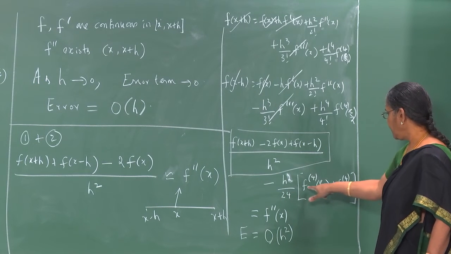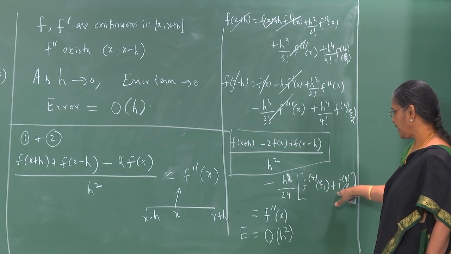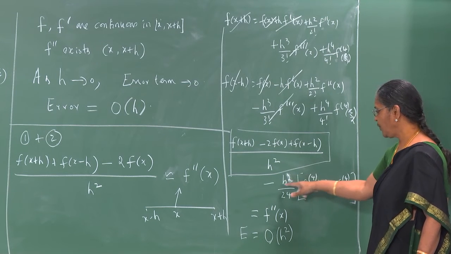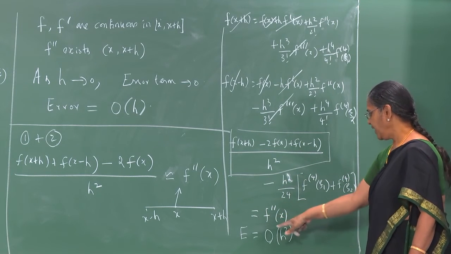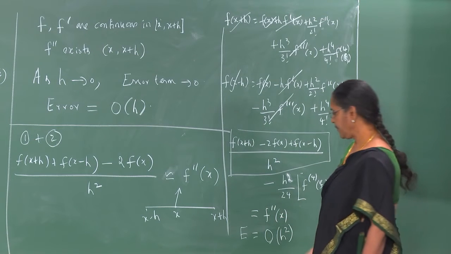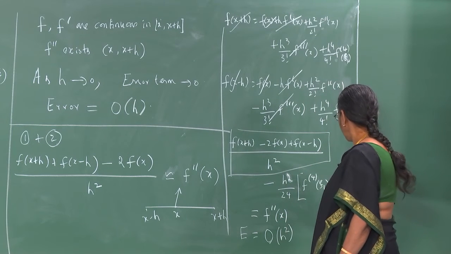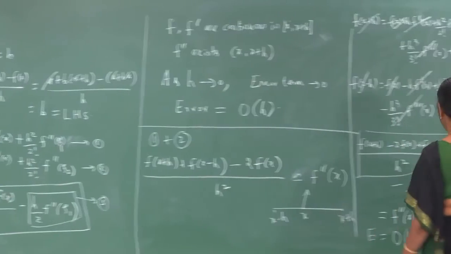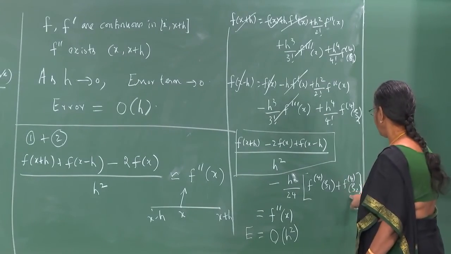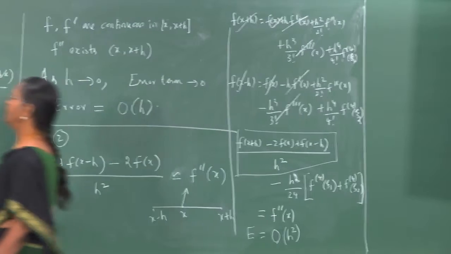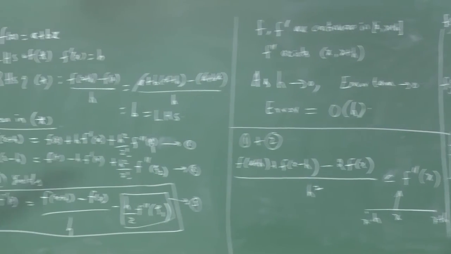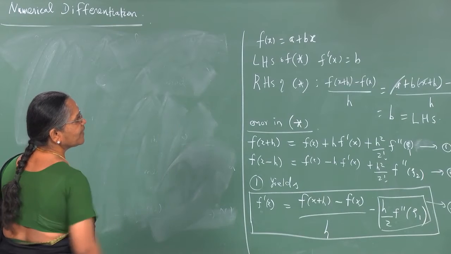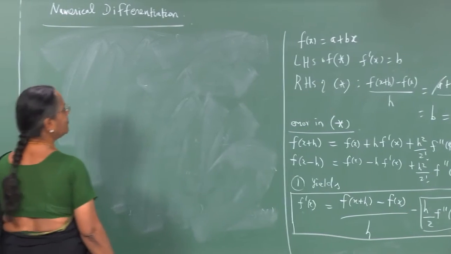Namely, it involves the fourth derivative, and the factor which involves h square tells you that the error is of order of h square. So, let us try to see how we can present this error term. It is the fourth derivative at psi 1 plus the fourth derivative at psi 2, which should now be expressed in such a way that we make use of some properties of the function that we have considered.